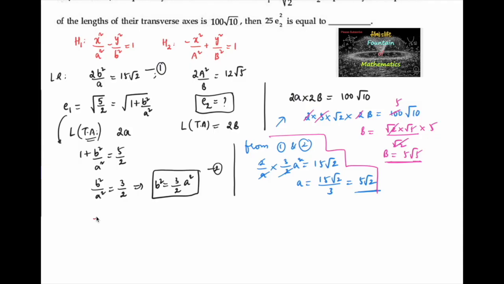Now consider E2 eccentricity for the second hyperbola, which is equal to under root of 1 plus a square by b square, which is equal to under root of 1 plus, and from the equation 2a square by b, we can write 2a square is equal to 12 root 5 into b value, that is 5 root 5.